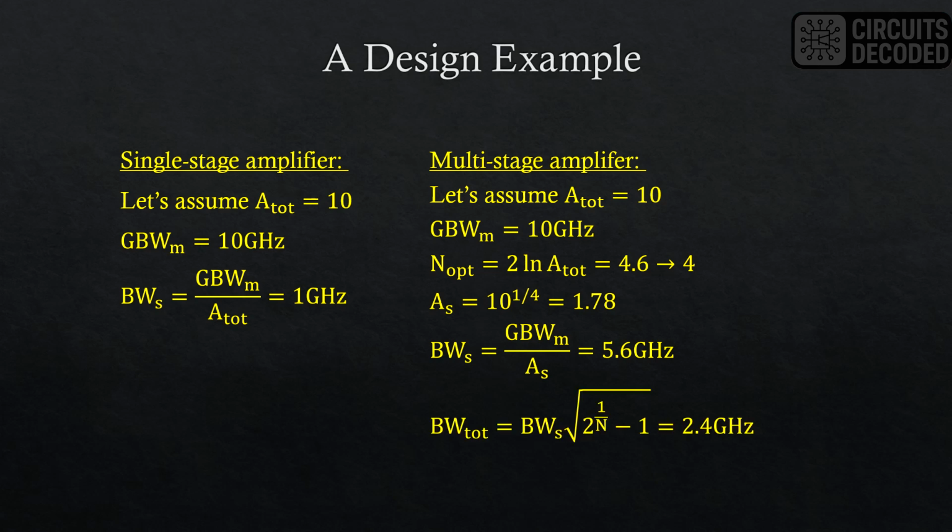We can use the system bandwidth expression to find the total system bandwidth as 2.4 GHz. So we see that using 4 stages, the total system bandwidth is more than doubled. However, the trade-off here is that we need to burn 4 times the power consumption. Hence, in an actual design, often the power consumption is also taken into account, and usually a value smaller than n opt is used.